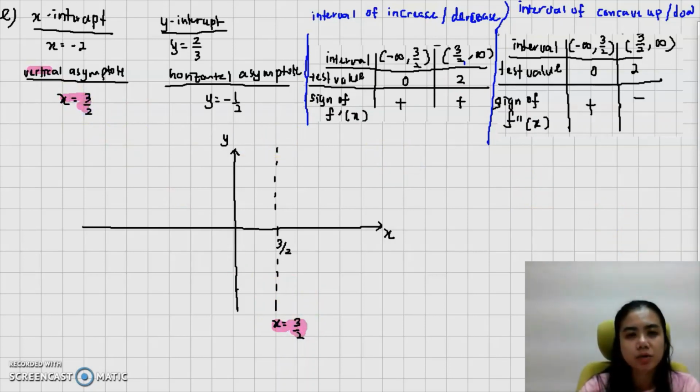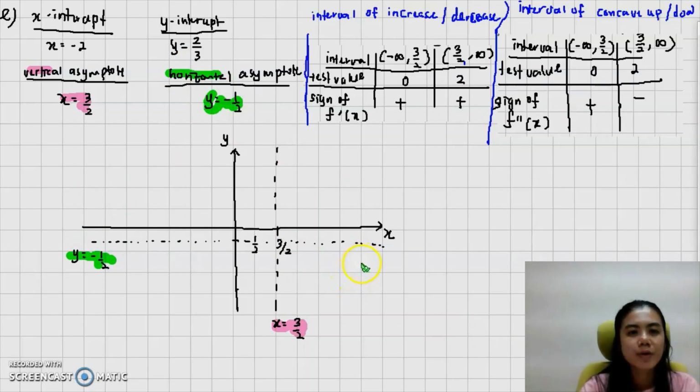Then we have the horizontal asymptote, y equal to minus 1 over 2, roughly here. We have the dotted line again, so that is y equal to minus 1 over 2, your horizontal asymptote.